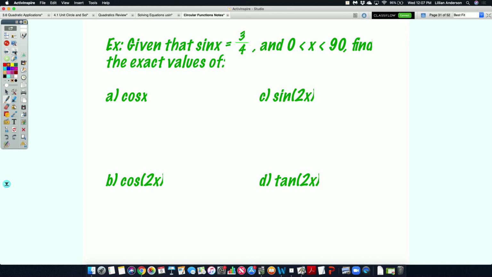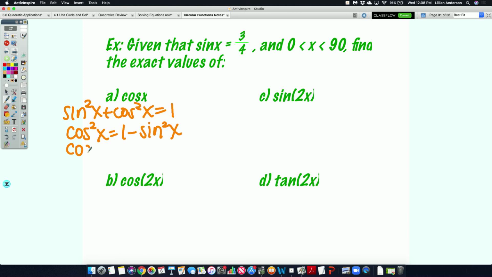Cosine and sine are both in the Pythagorean identity, which was sine squared x plus cosine squared x equals 1. Because we know this identity, we can plug in 3/4 for sine x and solve for cosine x. I am going to use that altered equation for the Pythagorean identity, cosine squared x, because since I am looking for cosine, I want to get it by itself on one side.